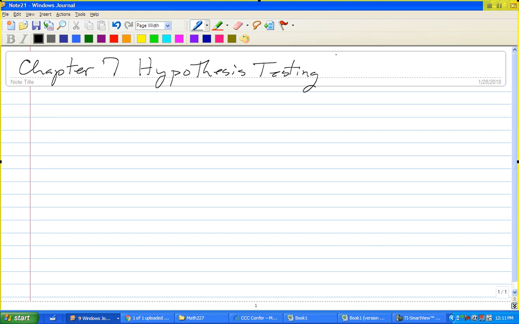And this will involve one population. Chapter 8 will be for two populations. So section 7.1 is just a quick introduction.